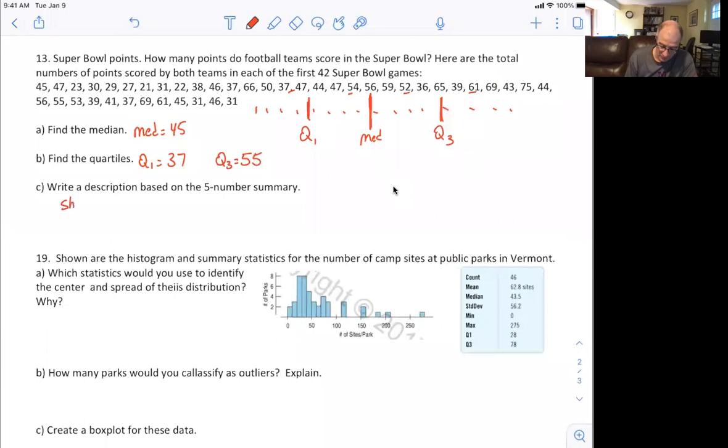So the shape is unimodal, symmetric, with slight right skew. There are no apparent outliers.